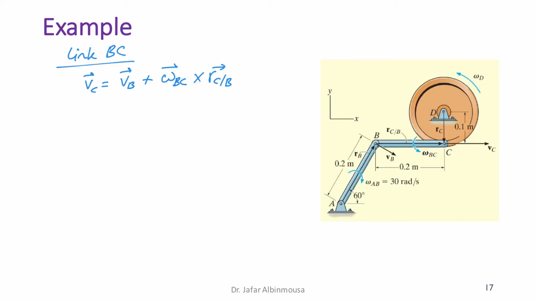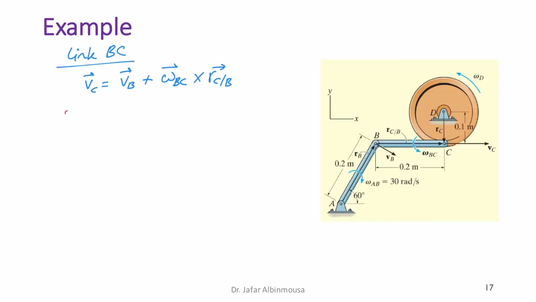Now, what we know from this equation is that VC at this instant, while it is in the horizontal line, will have a velocity acting in the horizontal direction. And for that, we can use this to our advantage. This is a very important information.